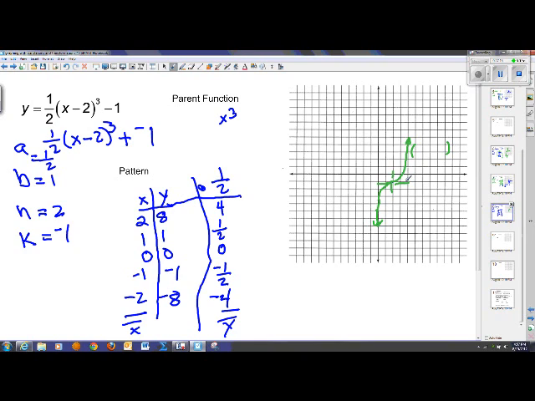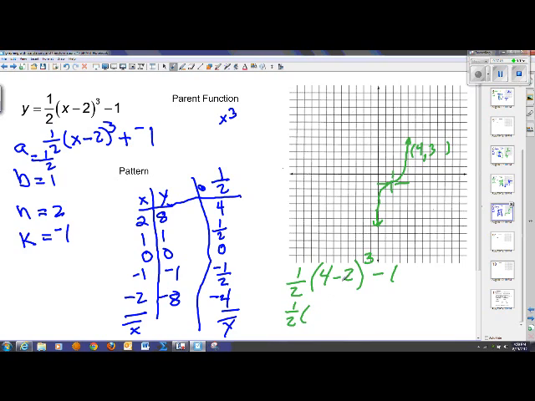Looks like 4, 3. And I'm going to check to make sure that's correct. All right. Plug into the original function. I've got a half. My x value is a 4. Subtract 2 from that, cube it, and subtract 1, and hopefully I get 3 when I'm done. So that's a half.